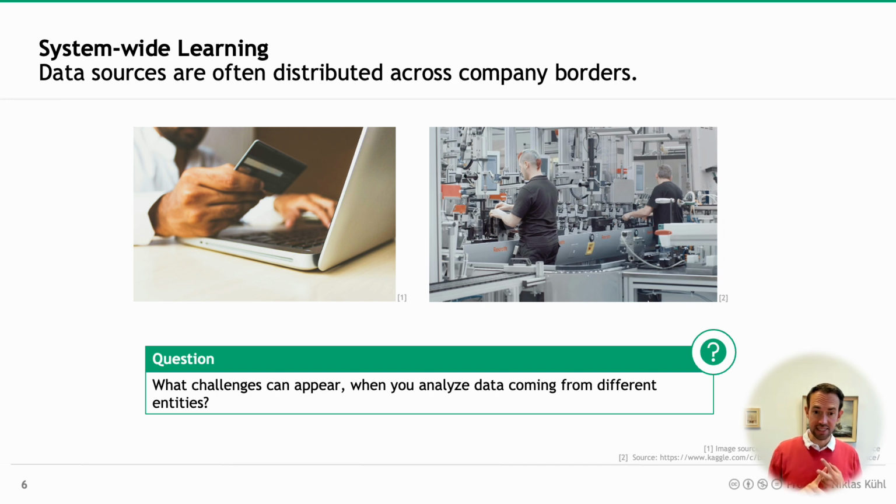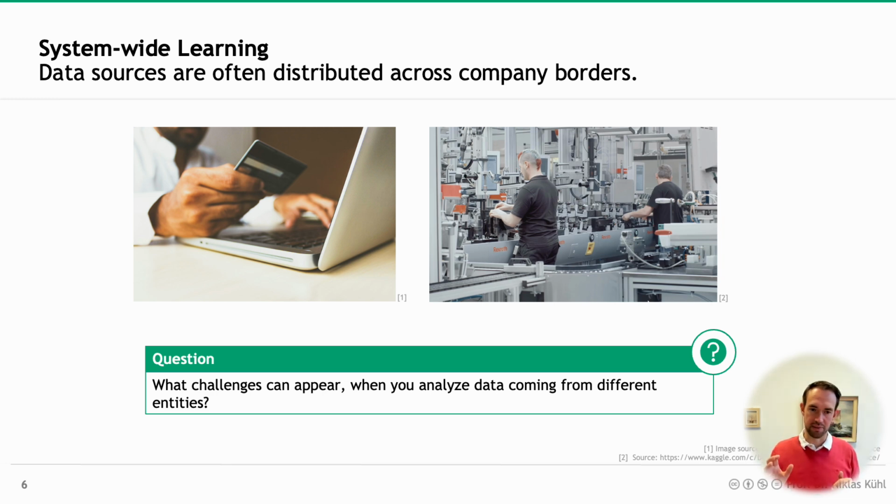First example. Second example, which you can see on the right there, is in industrial production. Let's say in an automotive production plant. Let's say we want to predict failures of your final product. Now, your final product consists of many sub-products that come from a lot of different vendors, but we cannot see into the production plans of these vendors.